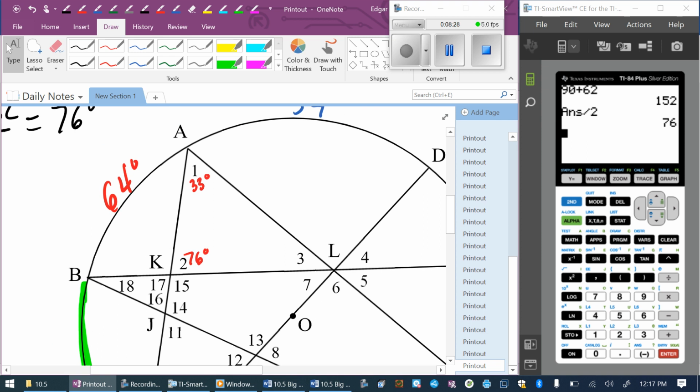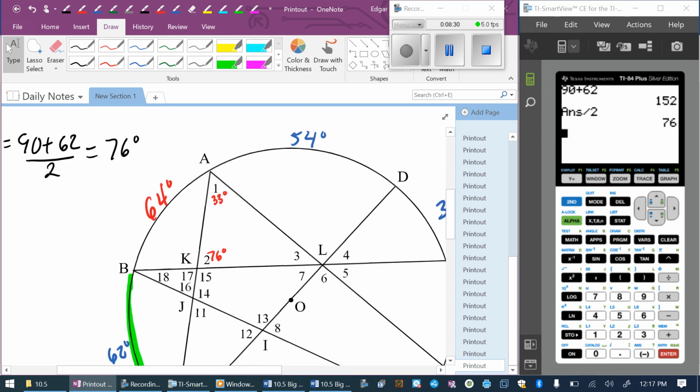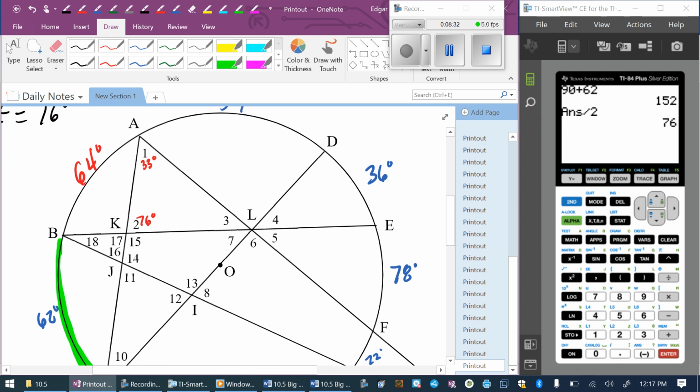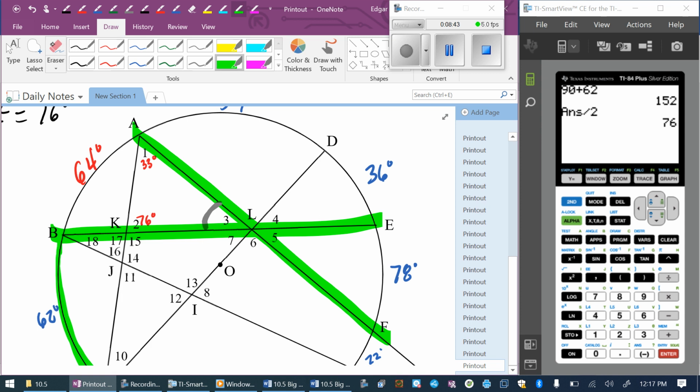Now, here's exactly what I mean by you have multiple options of figuring this next problem out, guys. If you look closely, angle 3 right here is made up of these two chords. Now, what you could do is do something similar to what we did with angle 2: big arc plus little arc divided by 2.